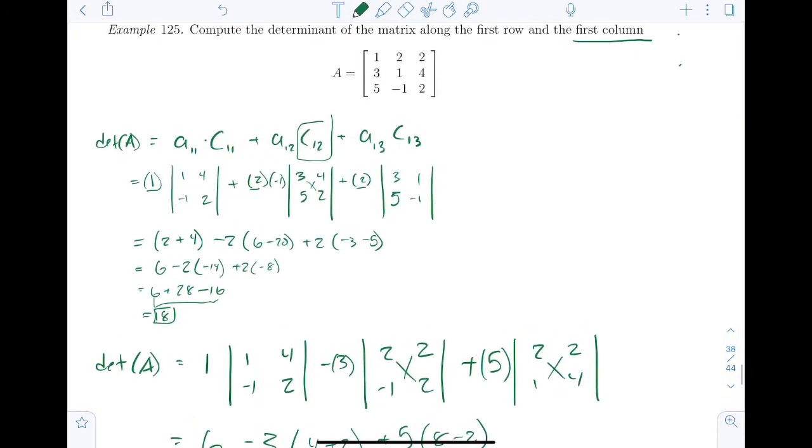And now maybe you're wondering what happens in a bigger matrix. This was all fine and good because every single time I had a submatrix, I had a 2 by 2 in which I knew how to do the determinant from a formula. What if this was a 4 by 4 and the determinant of the submatrix was a 3 by 3?